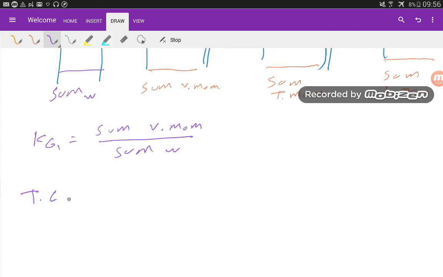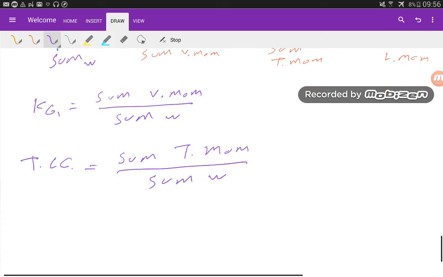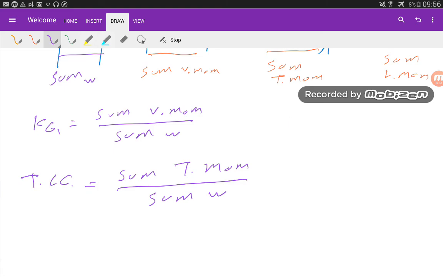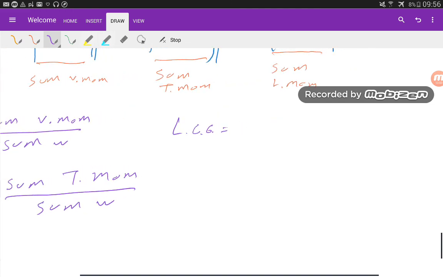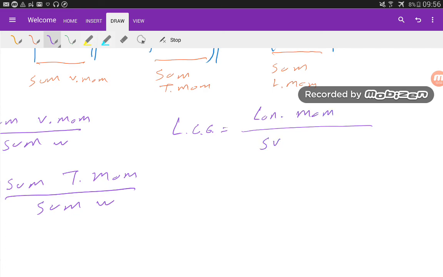The transversal center of gravity will be the sum of transversal moment over the sum of weight, and the longitudinal center of gravity will be the sum of longitudinal moment over the sum of weights.